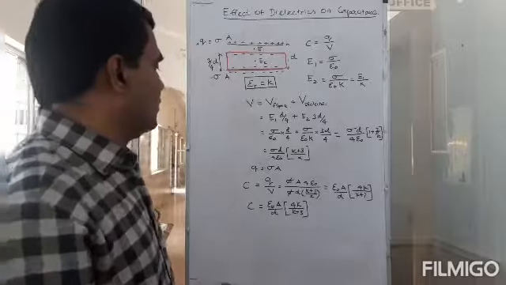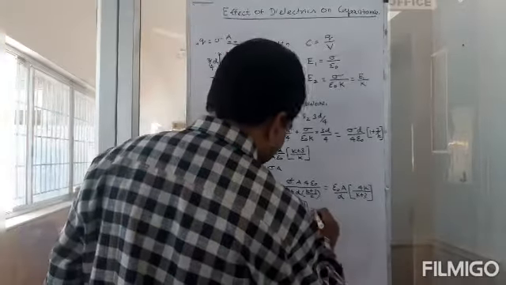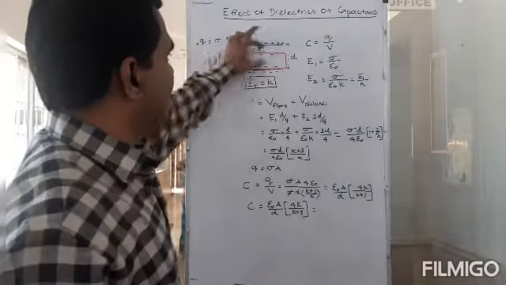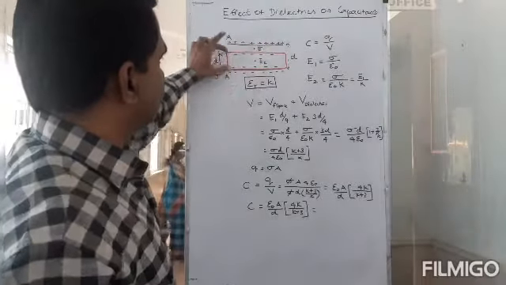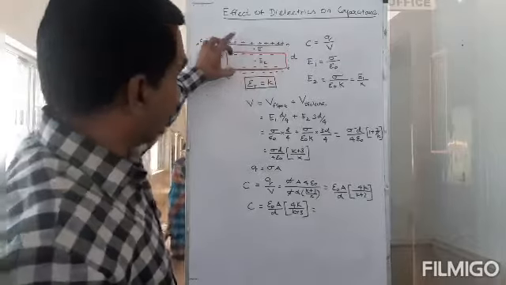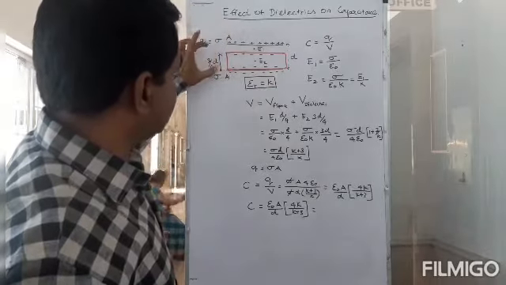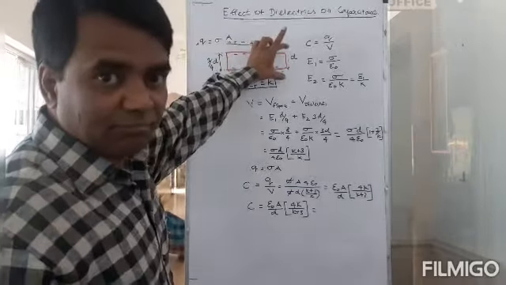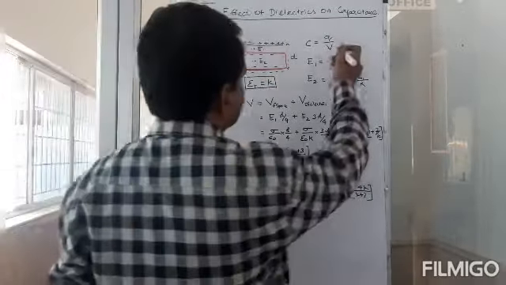Okay, and what is epsilon naught A by d? If I didn't have the dielectric material inside, then the capacitance would have been epsilon naught A by d. That's my C naught, right?